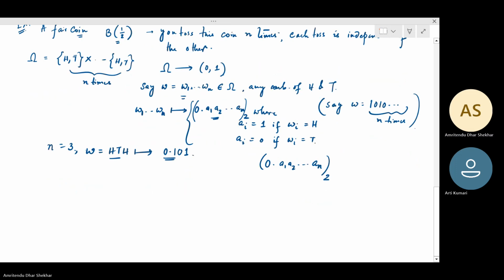Essentially, what this map does is that it defines a random variable.